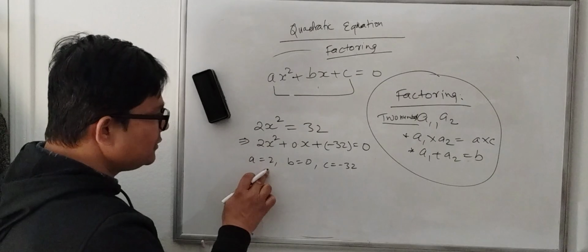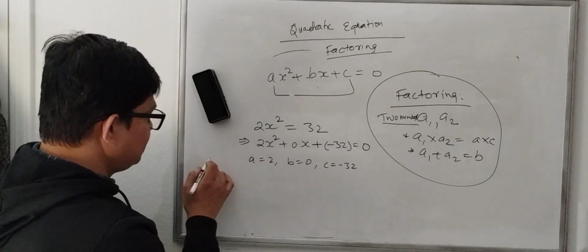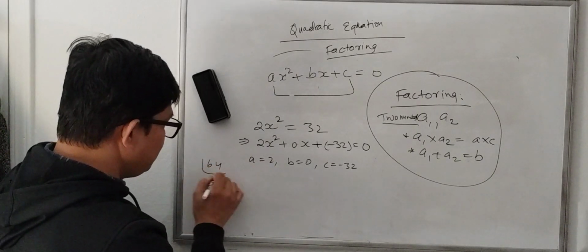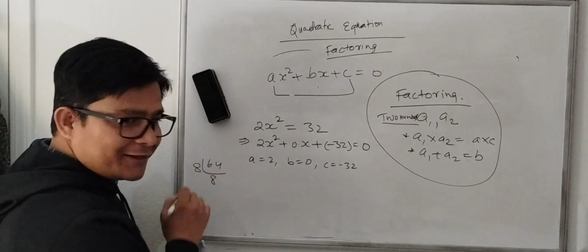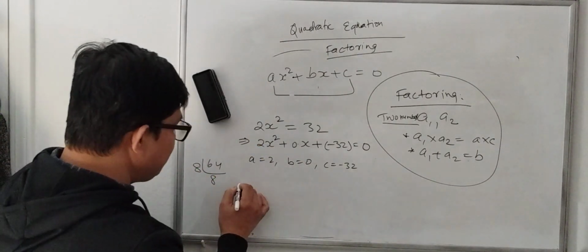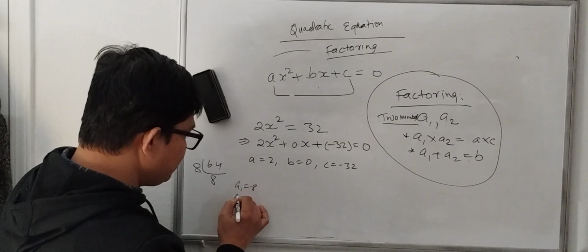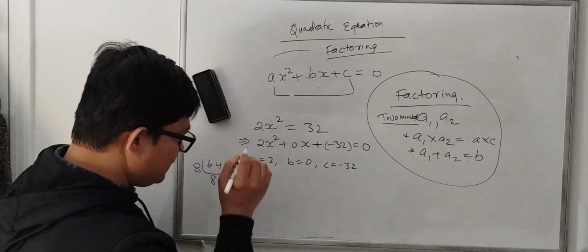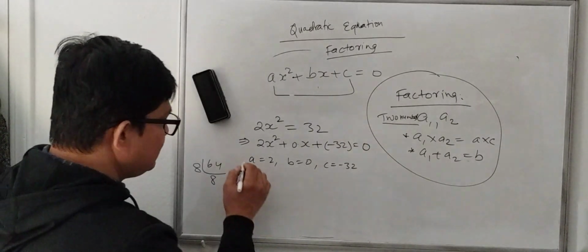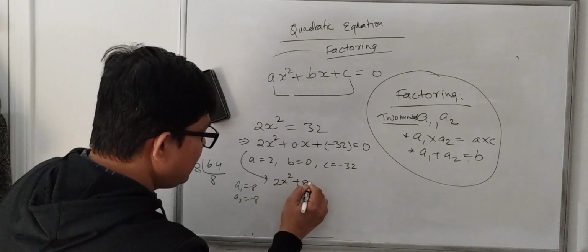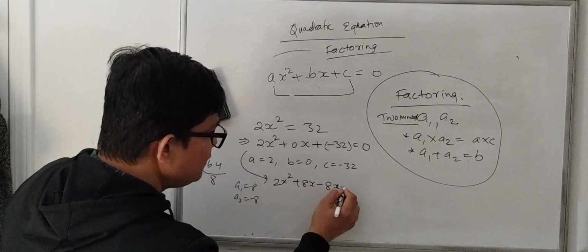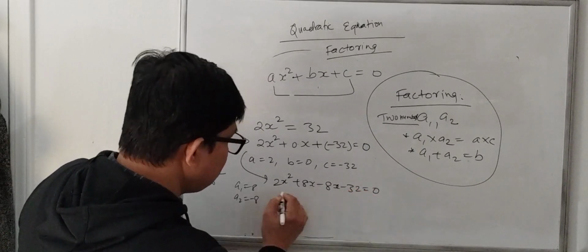So 32 times 2 is 64. For 64, to get B as 0, I will use 8 and 8, but 8 minus 8 is 0. So I will take A1 is equal to 8, A2 is equal to minus 8. Got it? So 2x squared plus 8x minus 8x minus 32 is equal to 0.